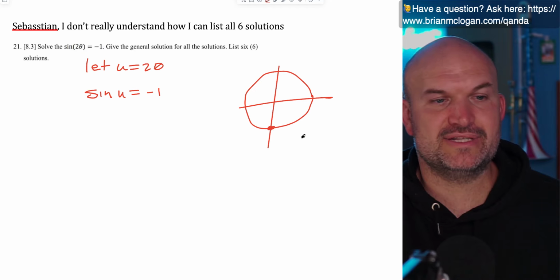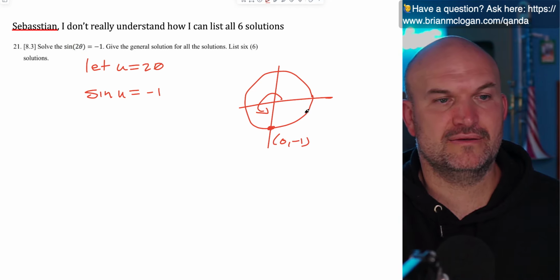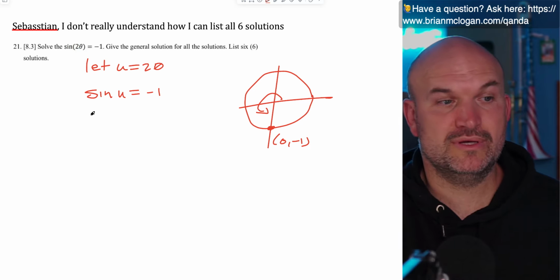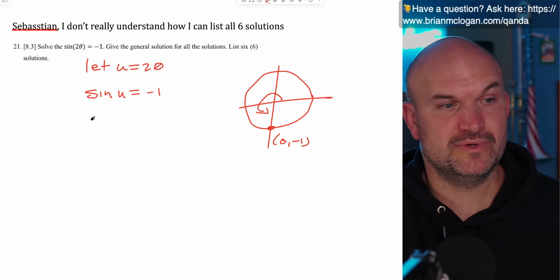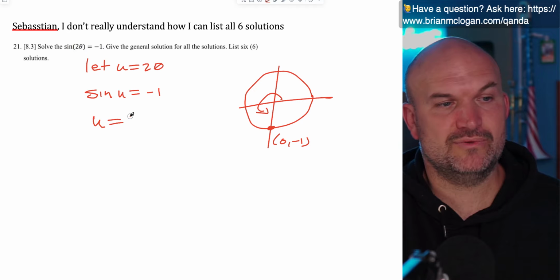Well, that's going to be this point down here, (0, -1). So what angle is that? Well, that's when u is equal to 3 pi over 2.